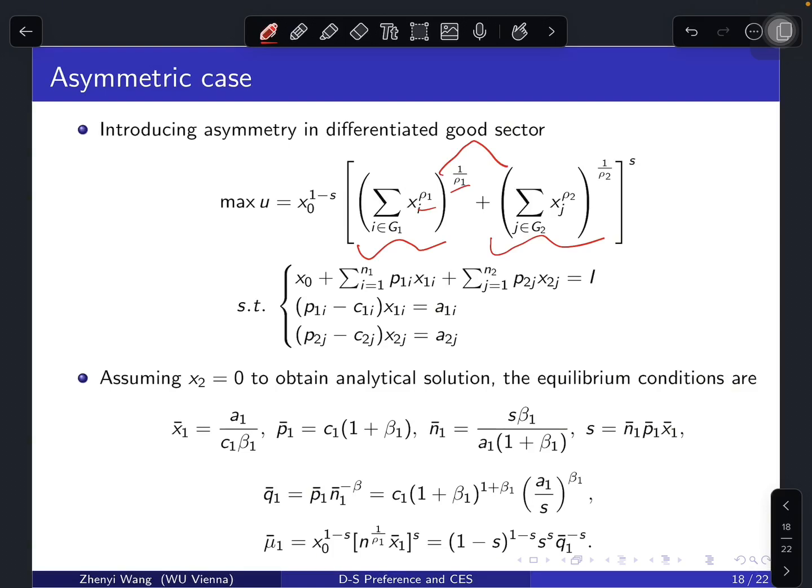In the asymmetric case, the analysis focuses only on the social optimization problem rather than solving for market equilibrium. This is because the asymmetry between the two product groups introduces different elasticities of substitution, meaning rho 1 does not equal rho 2, and different cost structures.